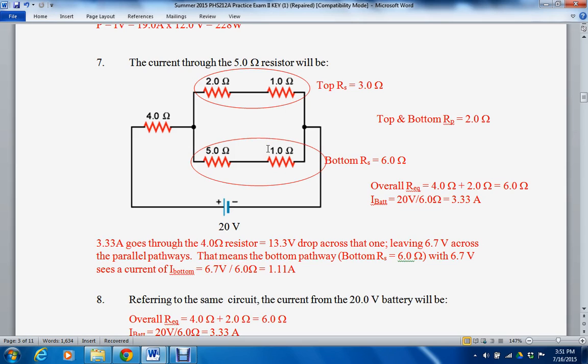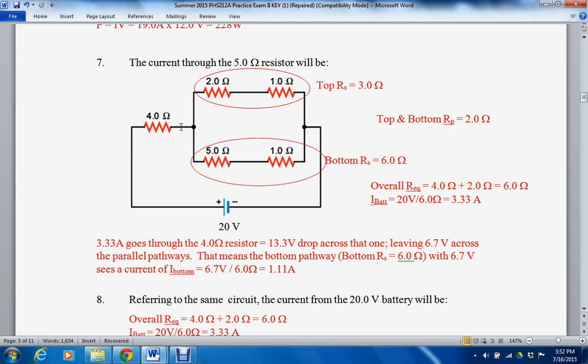Okay, the current through the 5 ohm resistor will be... So just take a moment and appreciate that if you sat down to do this problem and you're looking for the current that is running through this 5 ohm resistor, I have no idea. In order to figure that out, first I have to figure out how much current comes out of the battery. That's my first step. Then when I know how much current comes out of the battery, I'll figure out the voltage drop across the 4 ohm resistor, because all of that current will go through the 4 ohm resistor.